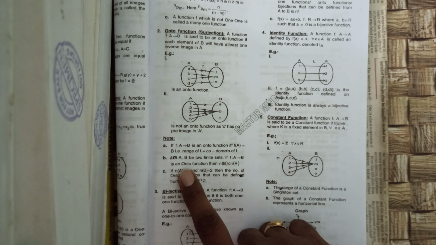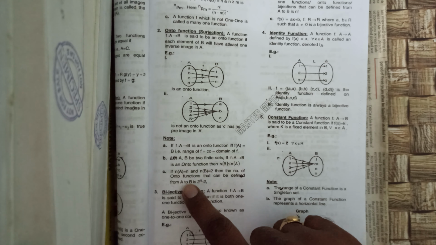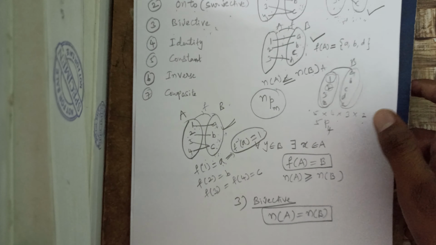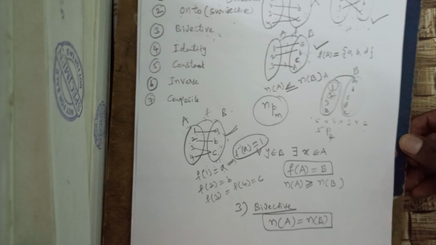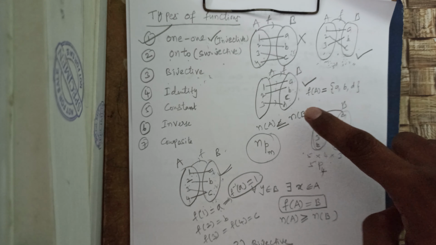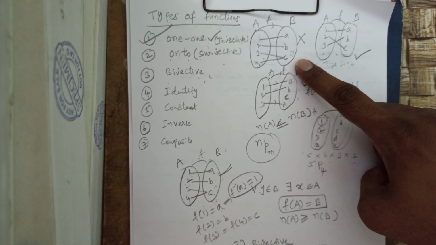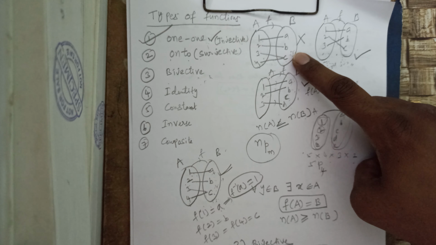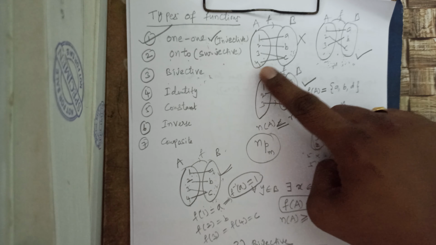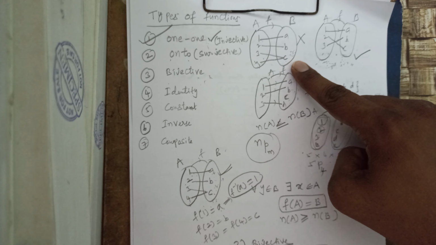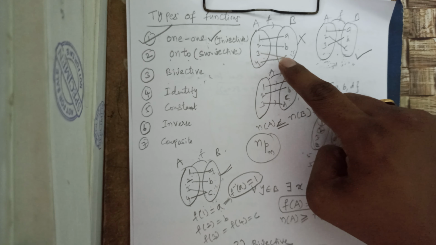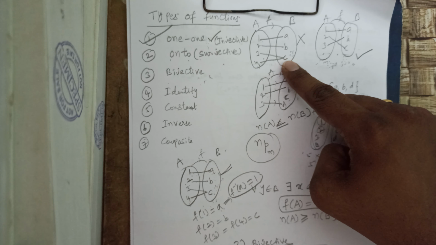Now, when can a function be onto? Just have a look at this example. Is this one-one? No, here two elements have the same image, so it is not one-one.